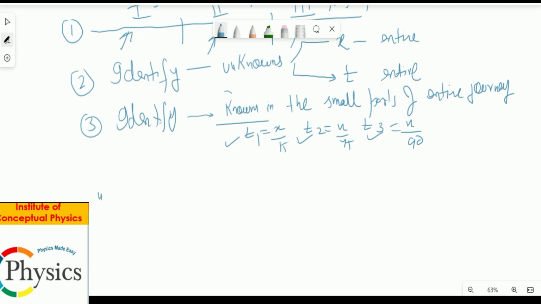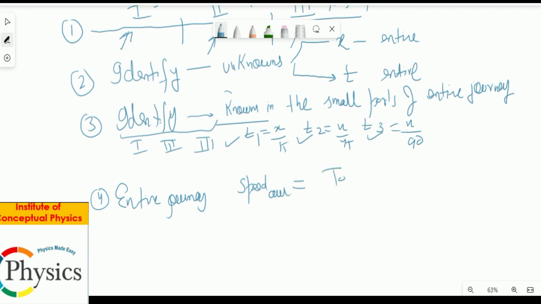then you again go back to the entire journey. Knowns were there in the small parts of the journey, first part, second part, third part. Good information was available. Now put that to good use and go to the entire journey. The average speed is total distance divided by total time. The total distance is unknown, x, and the total time you were able to find using the small parts of the journey. Understood?